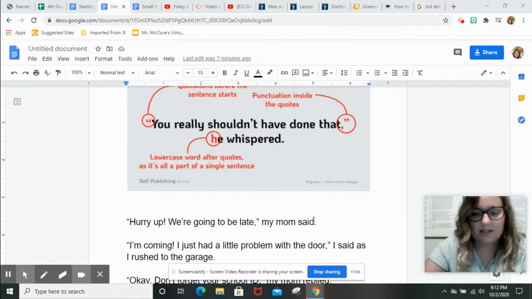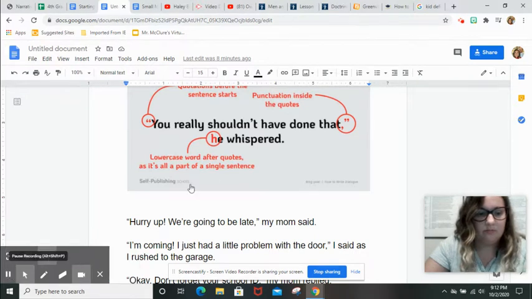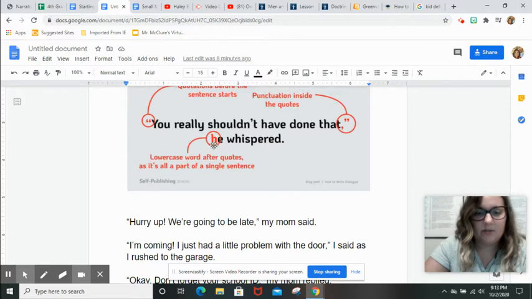What we were practicing today is adding in these quotations, but also adding in these dialogue tags where we are stating who is speaking. As you can see in our examples, we have lowercase words after our quotes.